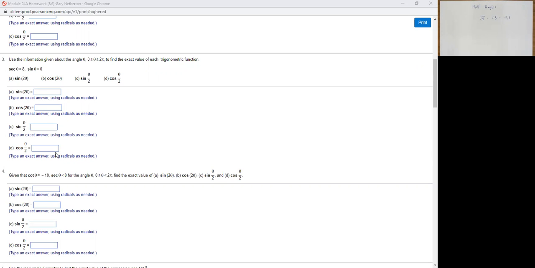So for problem 3, you're given an angle theta, and they're telling you theta is between 0 and 2 pi, which means, I like to think of it this way, theta is somewhere in the unit circle.